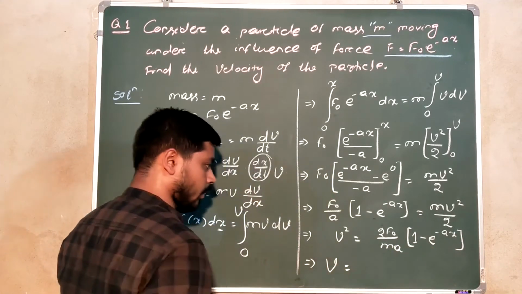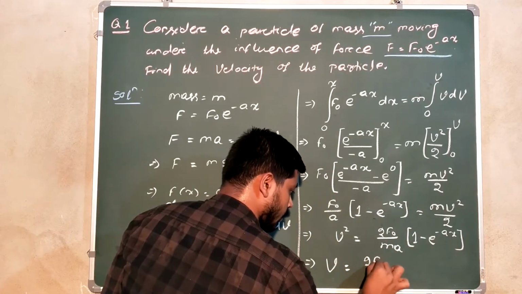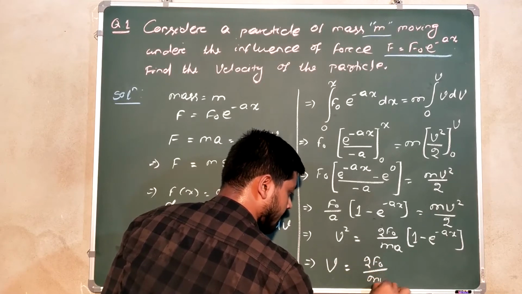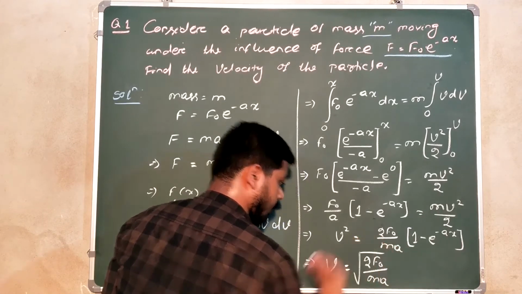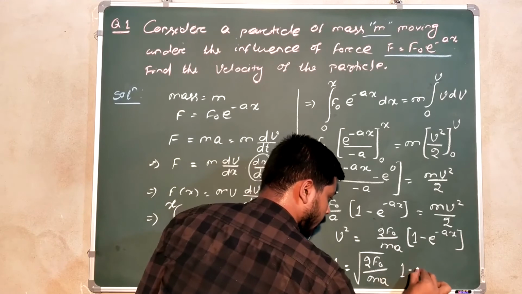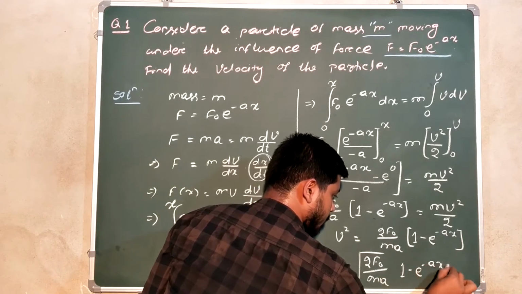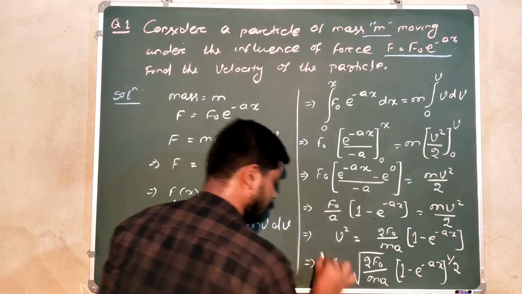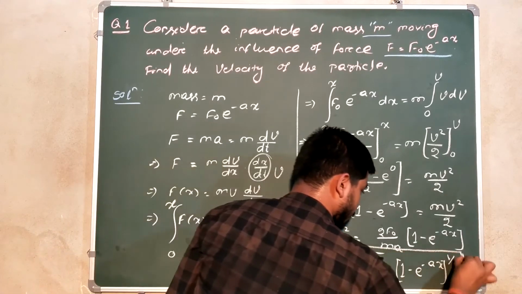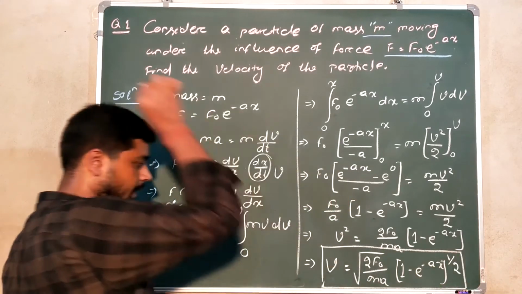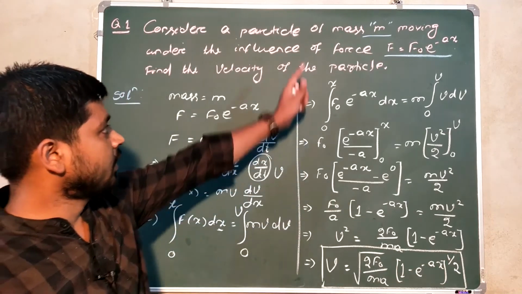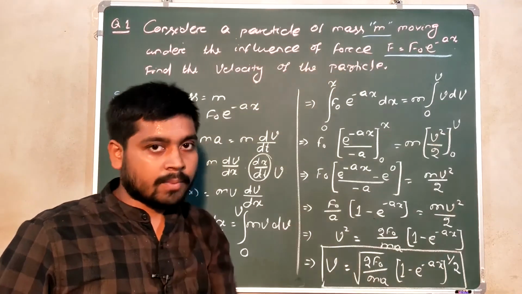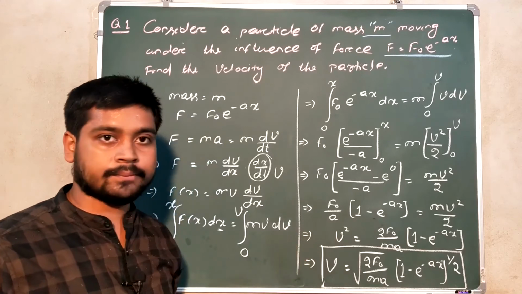V equal to 2 f naught by ma under root, 1 minus e raised to minus ax, whole power 1 by 2. This one is the velocity of the particle if the force F equal to f naught e raised to minus ax is applied upon it.